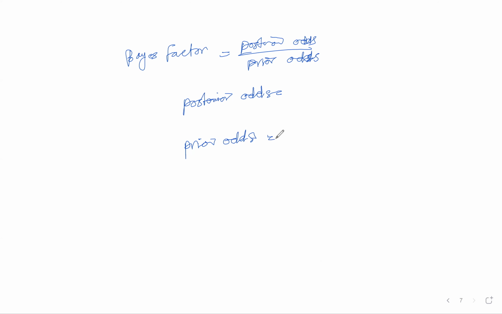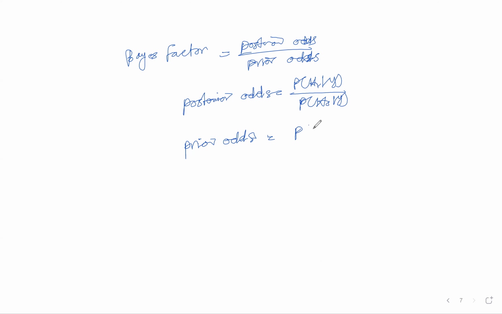To calculate the posterior odds, I calculate the probability of H1 given y divided by the probability of H0 given y, the ones we have just calculated. So you calculate the probability of H1 and the probability of H0 using the posterior distribution. Do the same thing, but using only the prior distribution, before we multiply by the likelihood.